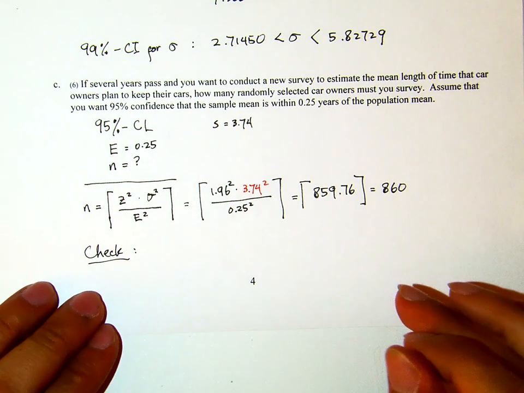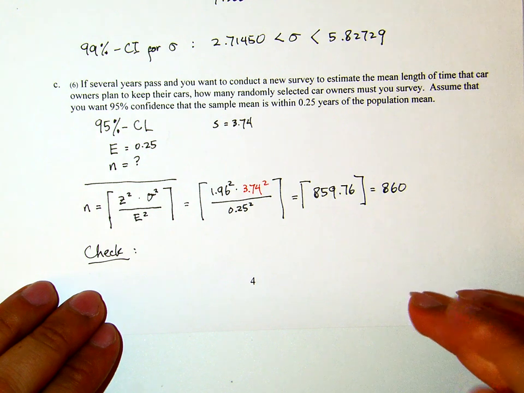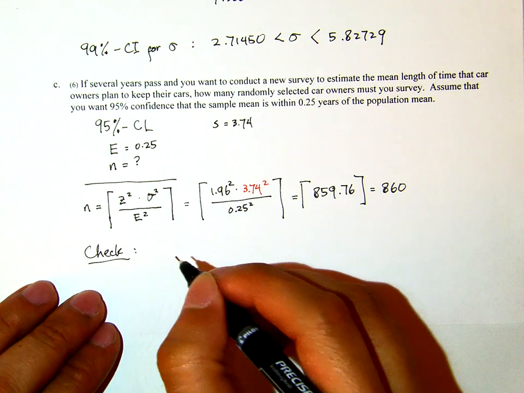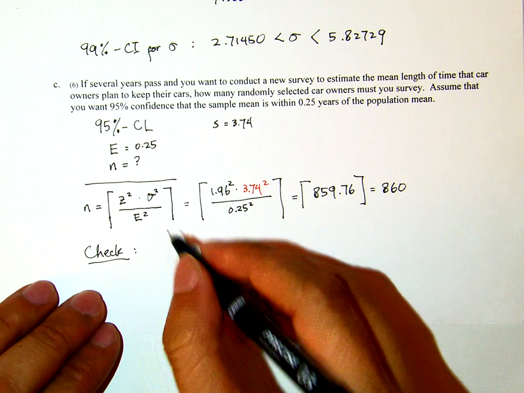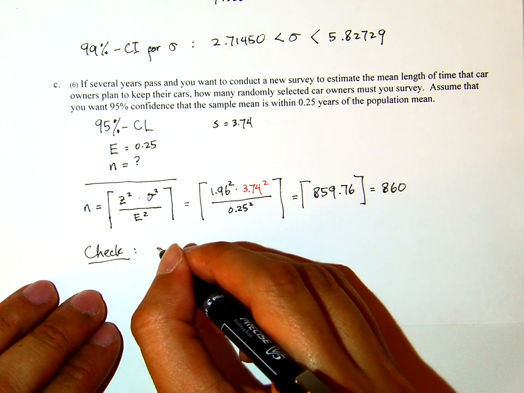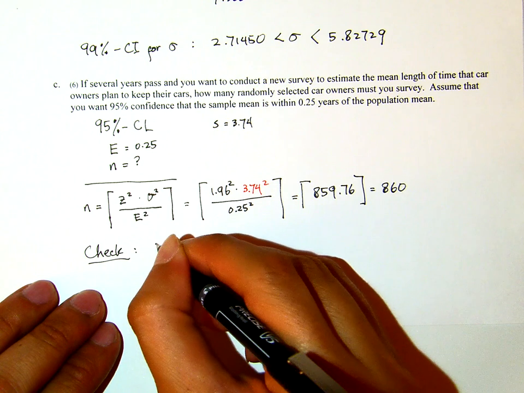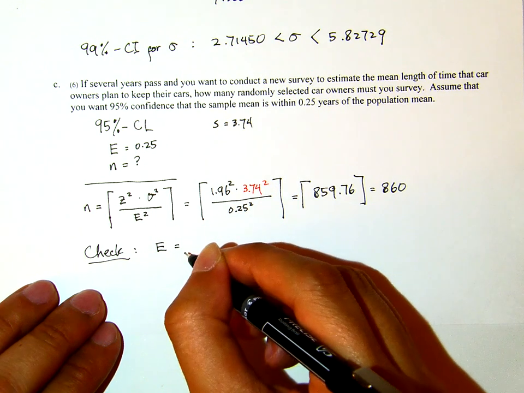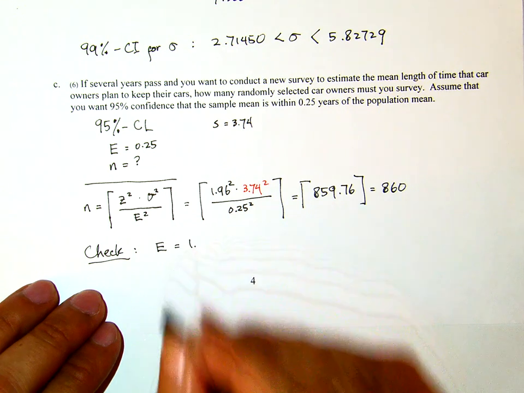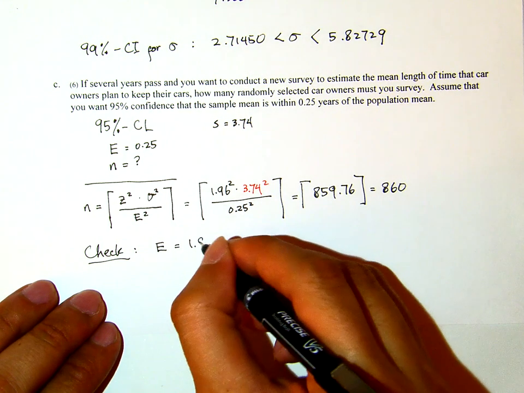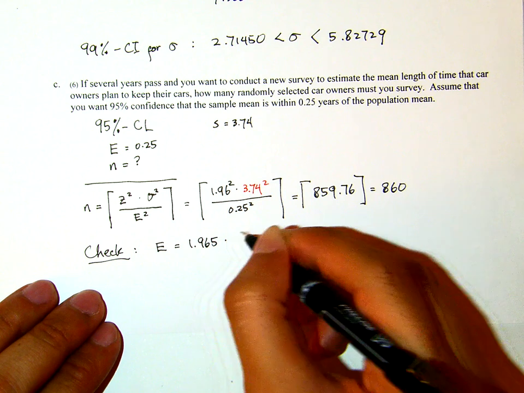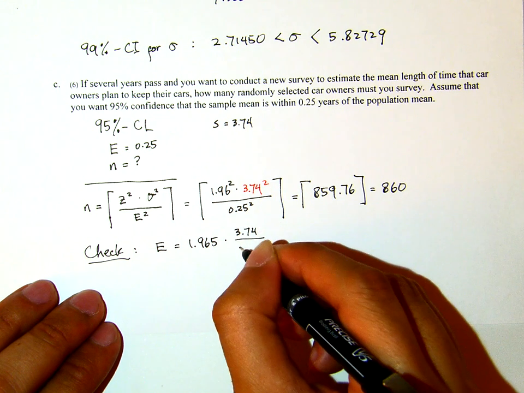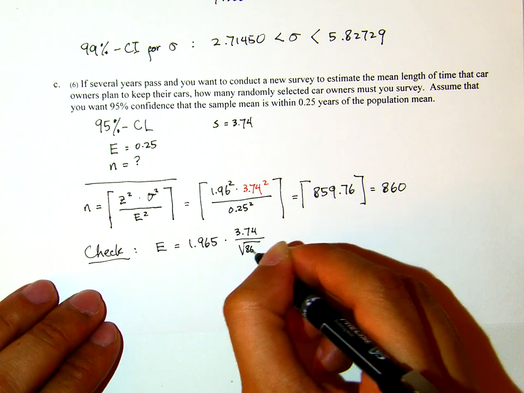Let's see, then it will be the following. The margin of error, we want this to be less than 0.25, equals 1.965 times 3.74 over the square root of 860.